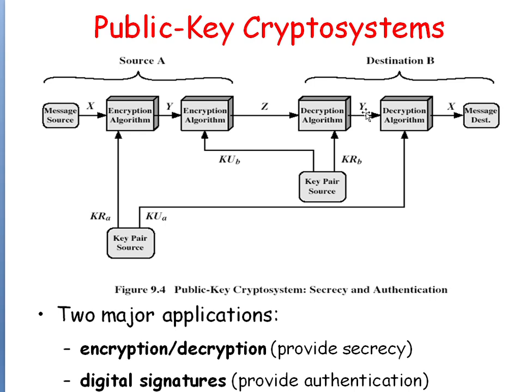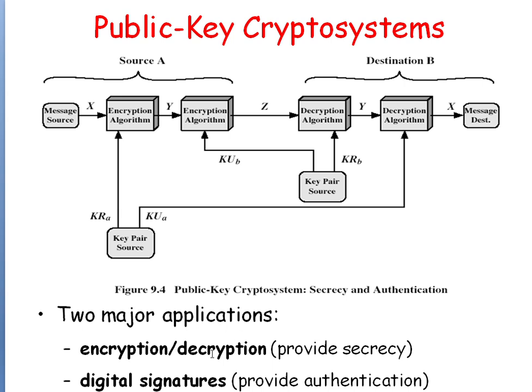After entering Y into the decryption algorithm, he gets the message from this source. Source B knows source A's public key, KUA, and B's own private key, and gets the message X.